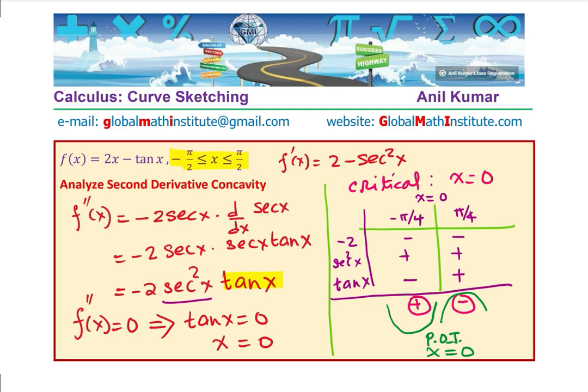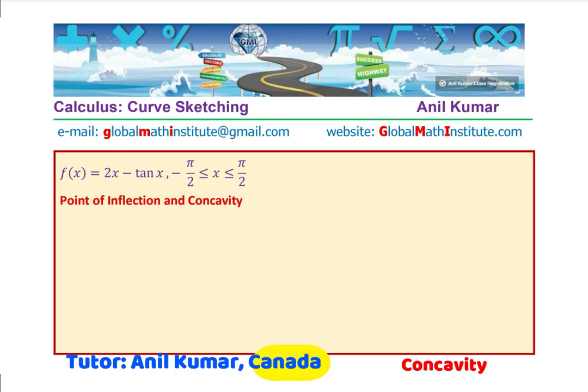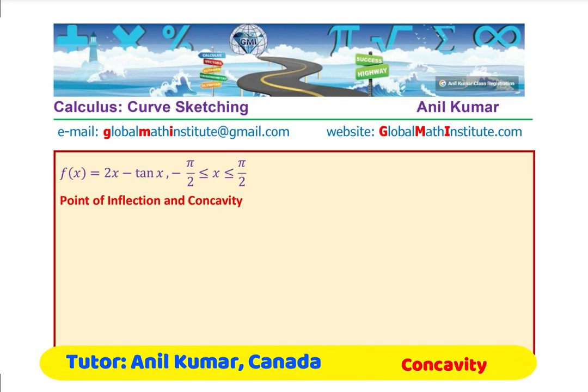Make sense? So at x equals 0, we have a point of inflection, correct? On the left side, it is concave up, and on the right side, it is concave down, right? So now let's figure out all these points. What we found is that, broadly speaking, the concavity from minus pi by 2 to 0, within this interval, the graph is concave up, right?